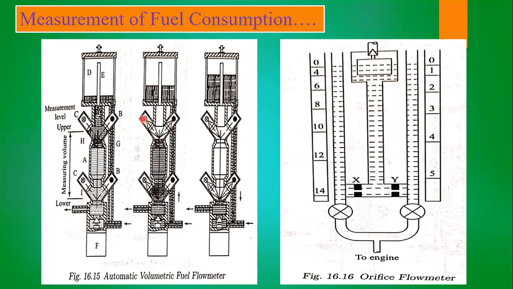The light rays from this will be at such an angle that they reflect onto this photocell. So whenever the fuel level is exactly here, the light emitted by the light source is going to reach the photocell.